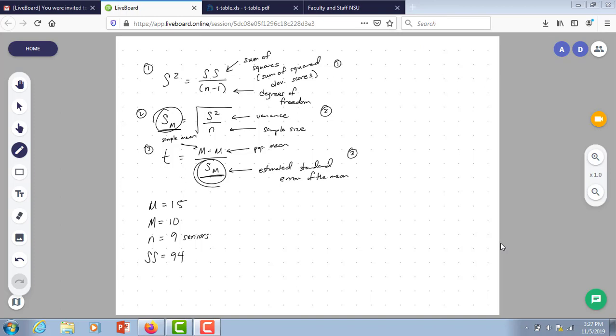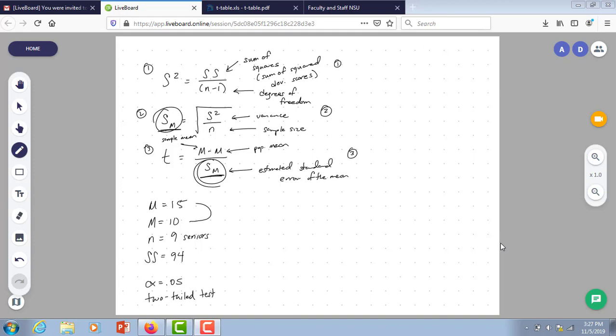Now let's say in this problem that we were given an alpha level of 0.05, and it is a two-tailed test, and we are given the task of determining if there is a significant mean difference between the non-seniors of this year and the score of 15 that represents the population of last year.